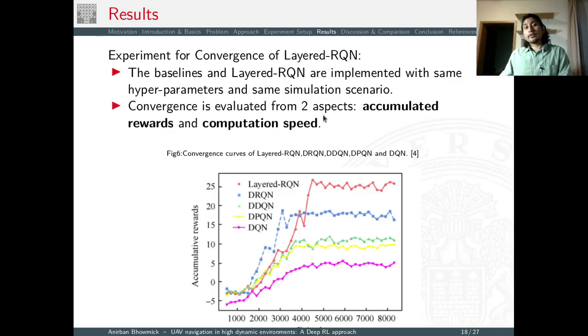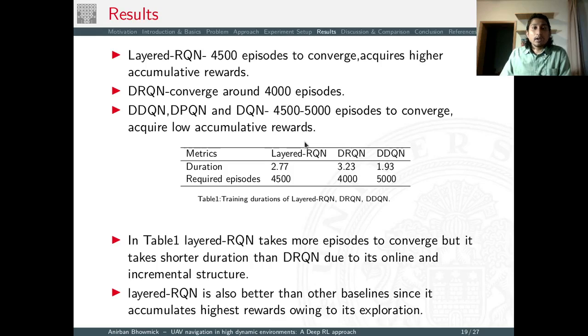In our convergence experiment, we will be evaluating based on 2 factors: how much reward it is accumulating, and the speed at which it is converging. Here we see the layered RQN performs the best with the highest number of rewards, followed by DRQN, which converges at around 4,000 episodes, and then the other methods which take somewhere between 4,500 to 5,000 episodes.